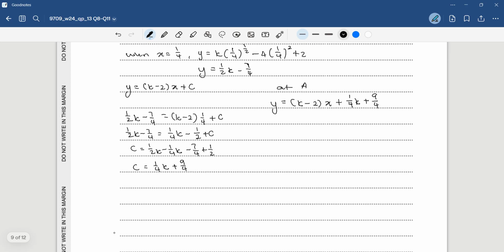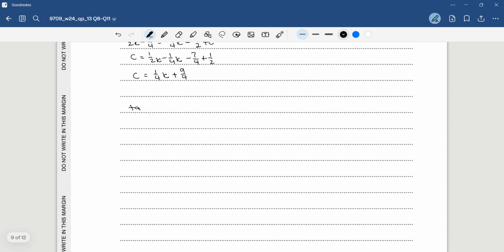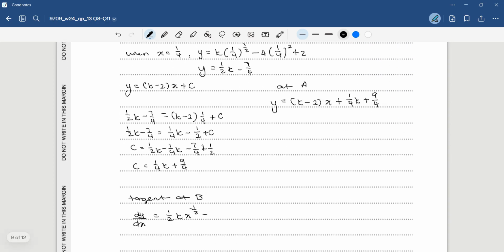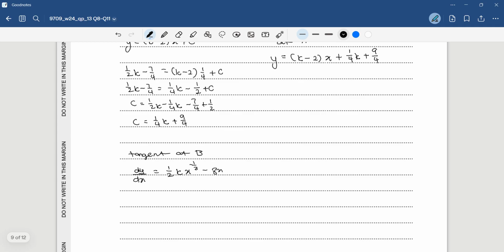Okay, now we do the same thing for B, tangent at B. So just now my dy over dx equal to 1 over 2 kx to the power of negative half minus 8x.